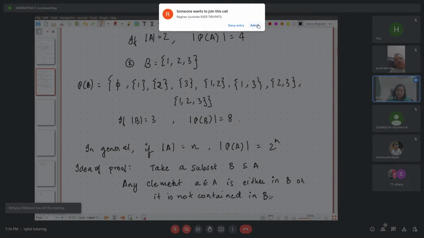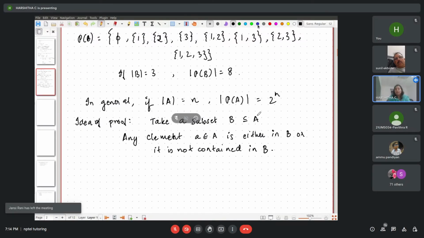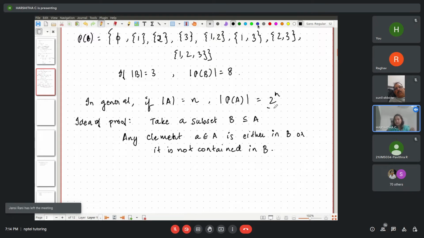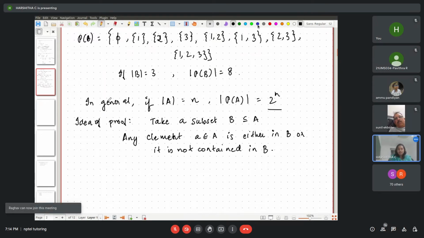And this is true for every element of A. And how many elements do we have? We have n elements. So that is where this number 2 power n comes from.